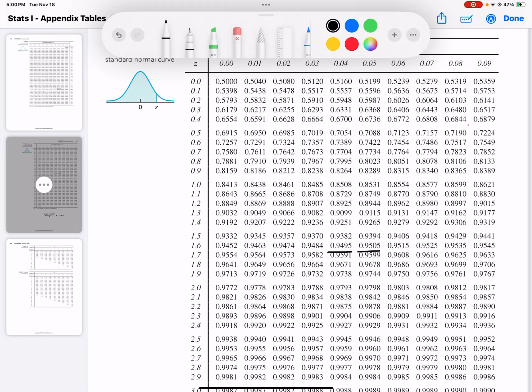Now, this is a statistics 1 concept, but just in case you've forgotten, the z-score that goes with 0.9495 is 1.64, and the z-score that goes with 0.9505 is 1.65. Since they're equally distant away, I get the average, and that's 1.645. That's where that comes from.